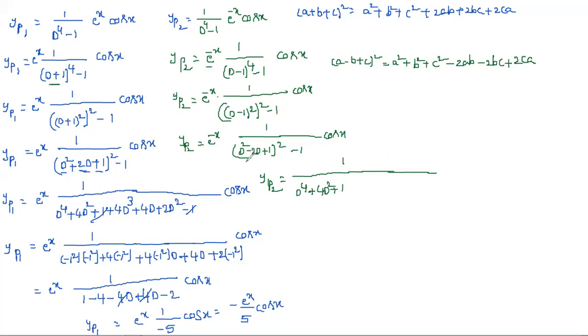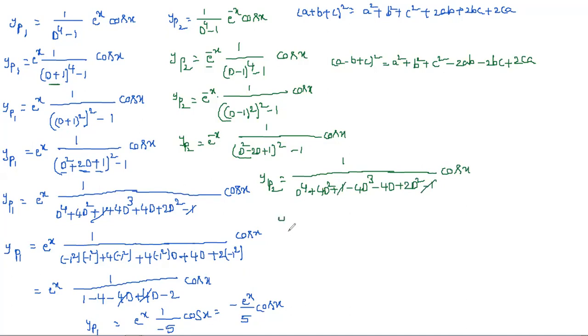Next minus 2ab is nothing but minus 4D cube. And next minus 2bc plus 2ca, so 2D square and minus 1 as it is, into cos x. Here minus 1 and plus 1 both will cancel.